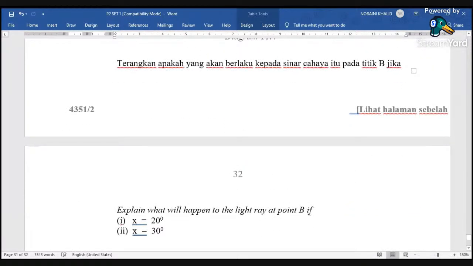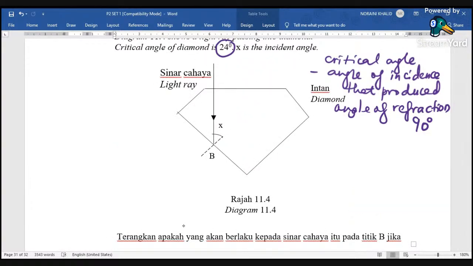Explain what will happen to the light ray at point B if x is 20. Let's say for the first part, x equals 20.